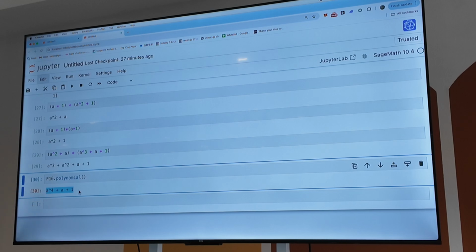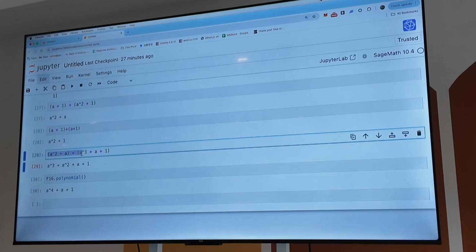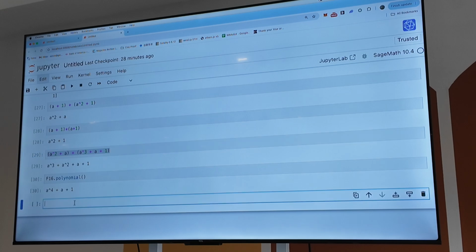Exactly the polynomial by which, after we multiply these two polynomials, we do the modulo, and then we get this result, right? Then we can check if we are correct. So we use the polynomial ring.